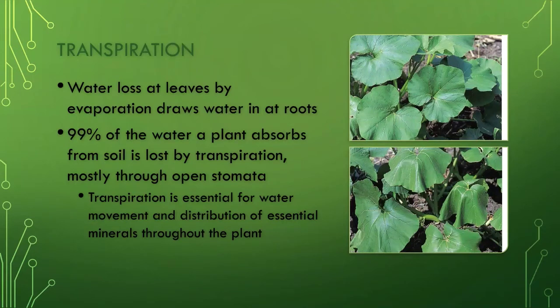Okay? Water molecules, H2O, they like to stick to one another. That's cohesion. So if one water molecule moves into the root because there's less water in the root than there is in the soil, that's the tension being referred to. Then when one water molecule moves, another water molecule wants to stick to it. That's the cohesion part. And it moves along with it. And another water molecule sticks to that one.